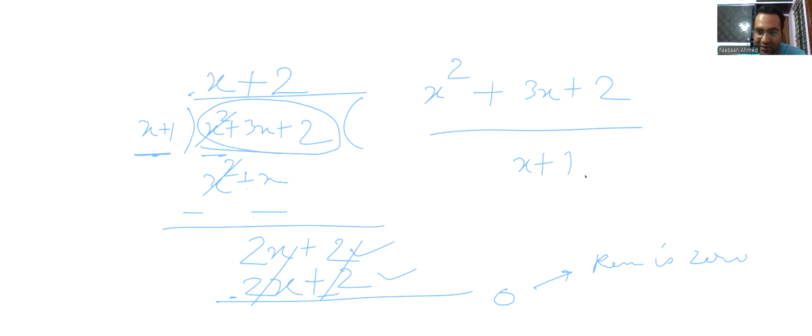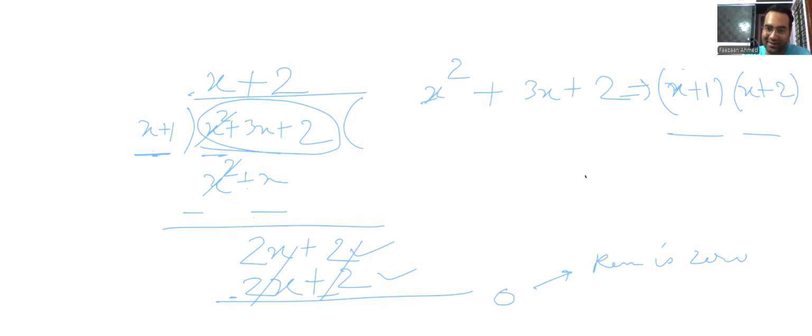I'm going to take this expression and write it as x plus 1 and x plus 2. And this will complete it because essentially what I've done is I've tried to convert them into two factors. And it's also part of what we learn in quadratic expressions, that we can convert into two factors.